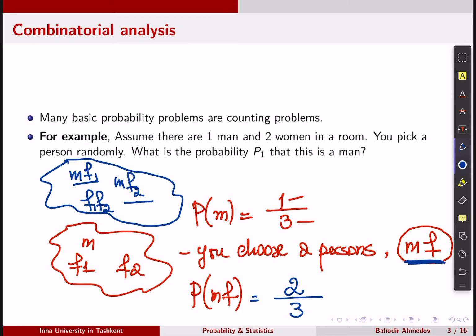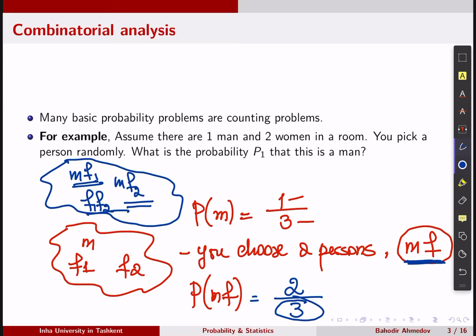So you see, you can make these problems a little bit more complicated, and then you need the combinatorial analysis. We don't always have the chance to just write down all the items in a sample space. Sometimes we need to calculate the 3 using some formulas or some techniques.